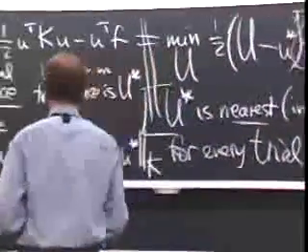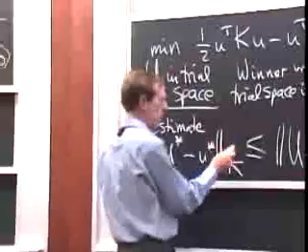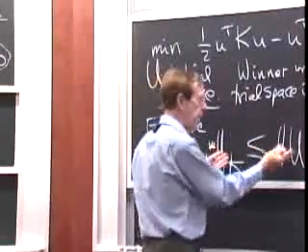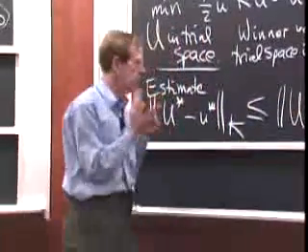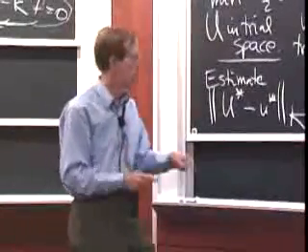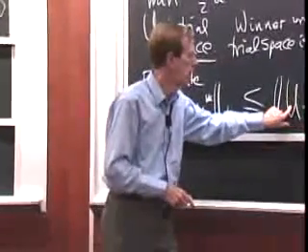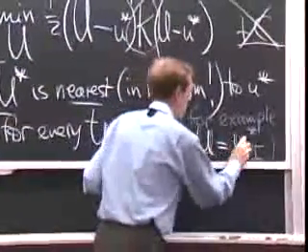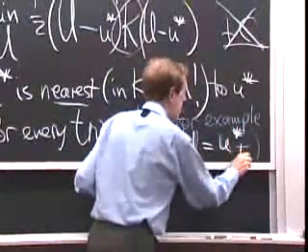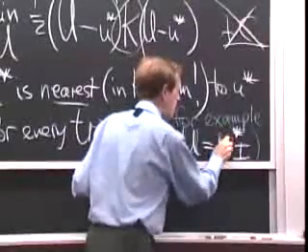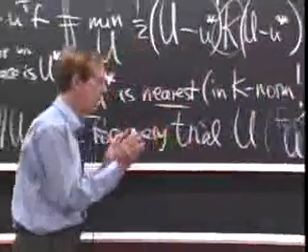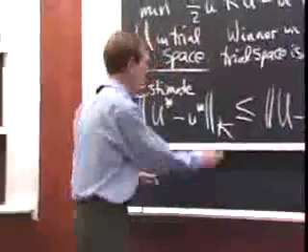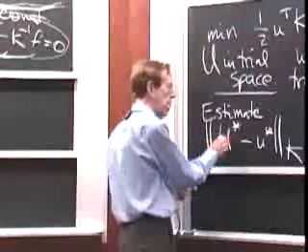So our conclusion from this method, by taking capital U to be this convenient choice, not the only choice, but a convenient choice, just to get an idea of what the error might be, and then the error from the actual U star has got to be better.